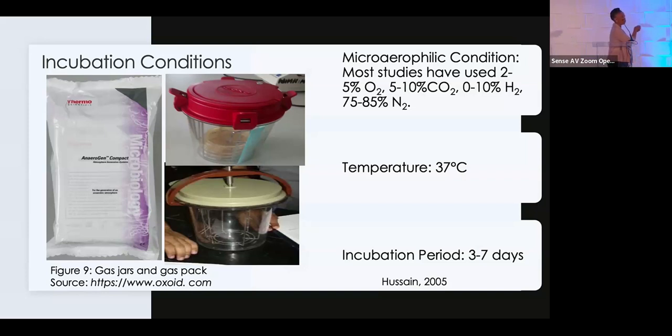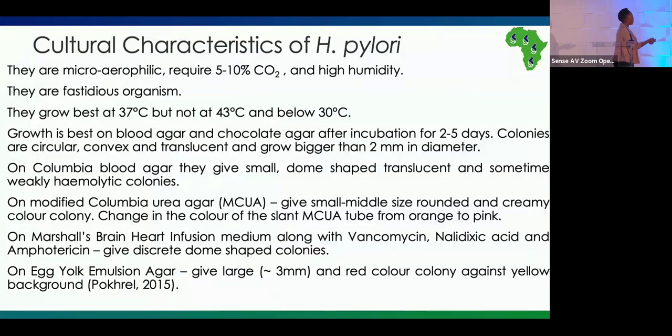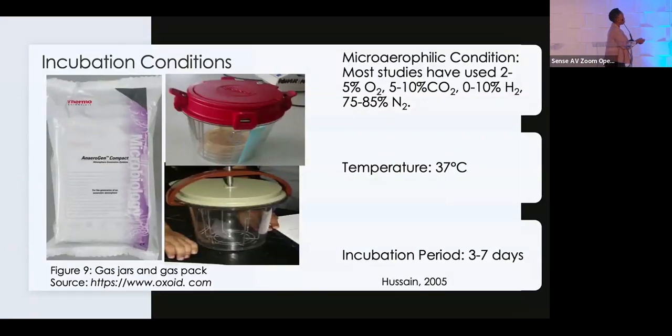It could be a 3.5 specification or 5 specification. So depending on the volume of the gas jar, it will determine the size of the anaerobic gas pack to be used.